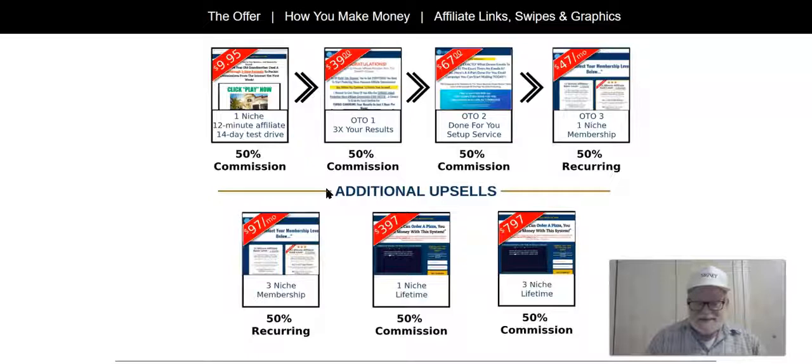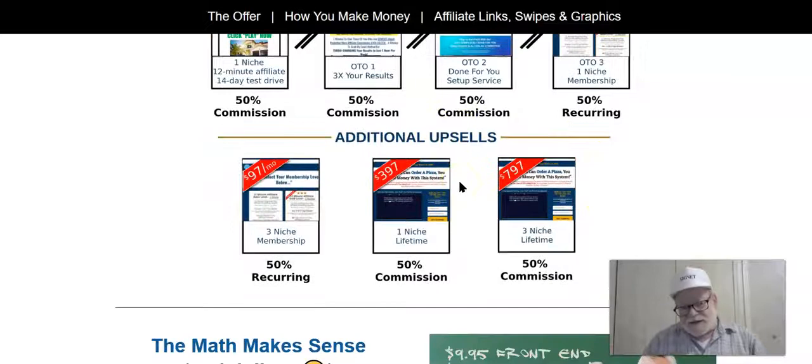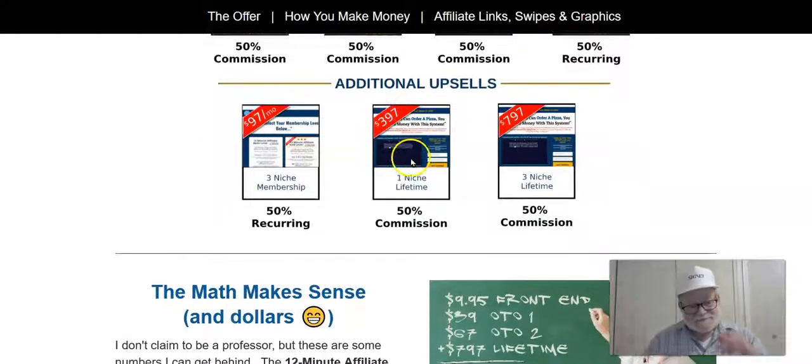Then the vendor gets the email address of the customer you sent them, and they keep sending the materials, different promotion materials, and they get to keep all the commissions. This particular product doesn't. This particular product is sharing all the commissions with the affiliates, but they're doing the upselling.